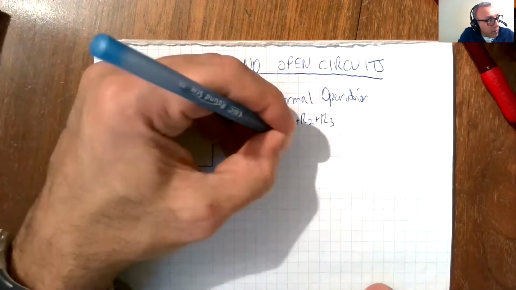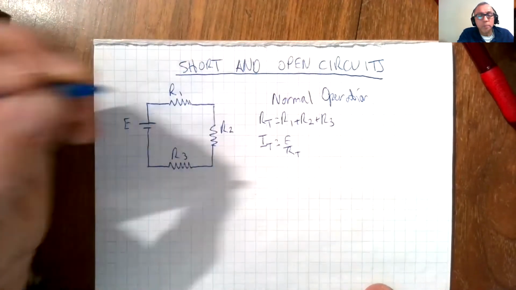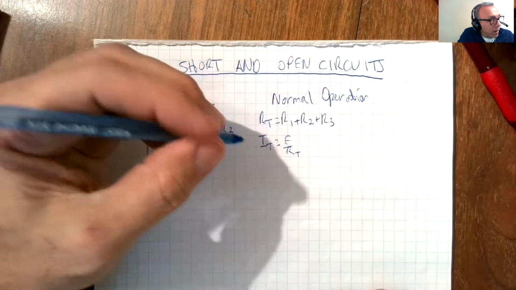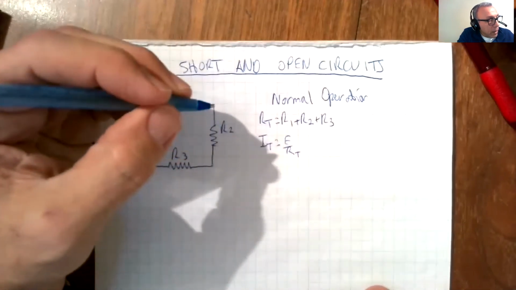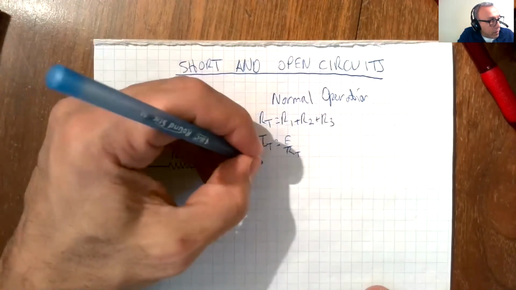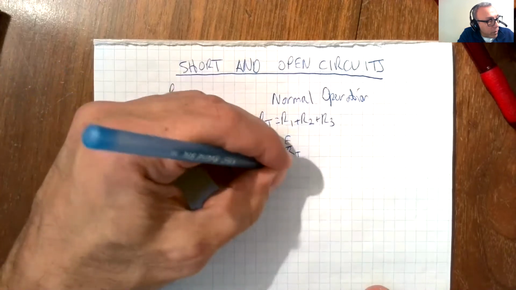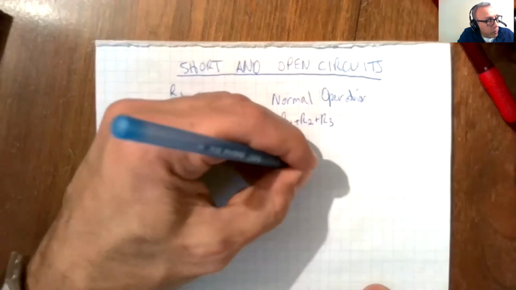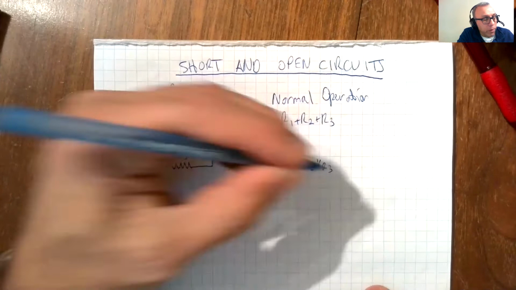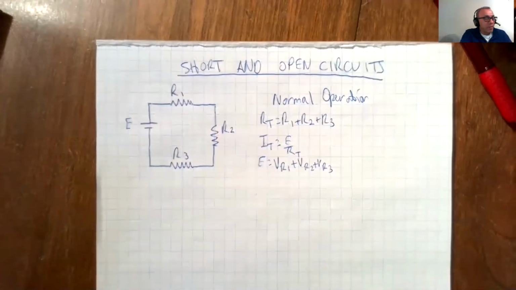IT is equal to E over RT. And then E is equal to VR1 plus VR2 plus VR3. That is normal operation.